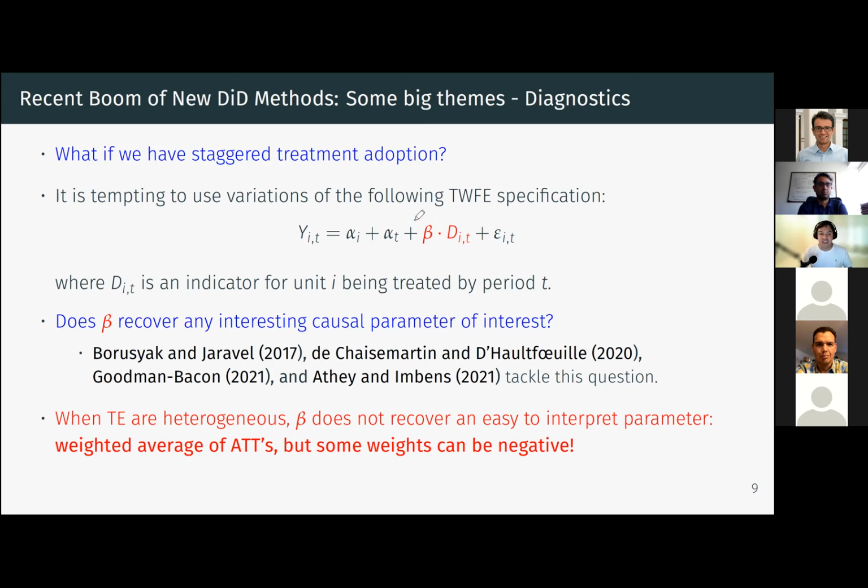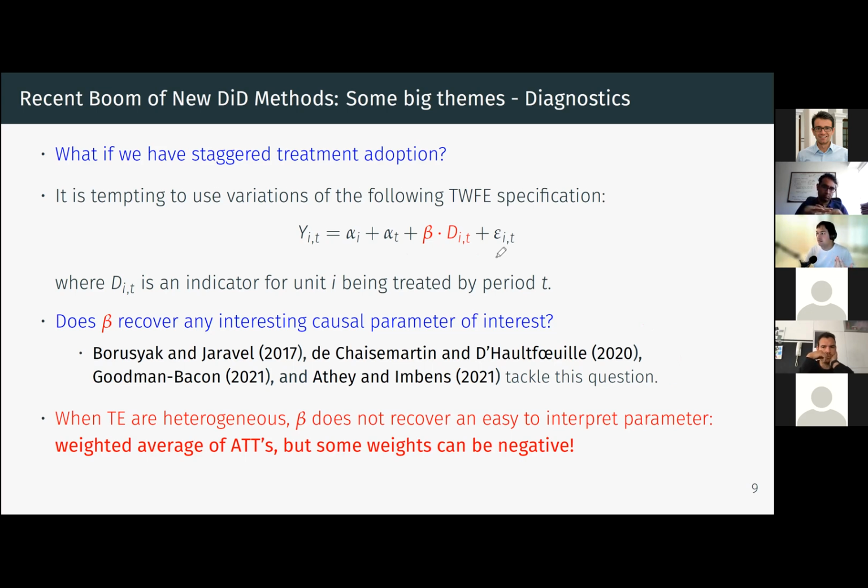Is it the average treatment effect on the treated? Is it the overall average treatment effect? It is the weighted average of treatment effects, but what are the weights? So all these papers are trying to characterize the meaning of beta in a world with heterogeneous treatment effects.